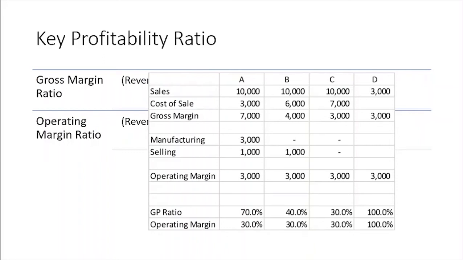So first, the ratios are not only helping you to understand the profitability, they are also helping you, if you compare, to understand the business model of those companies, how they are operating, and what kind of risk they have, correct? Operating margin is the same everywhere, because we assume hypothetically every profit margin is the same, but in real life it may not be the same.